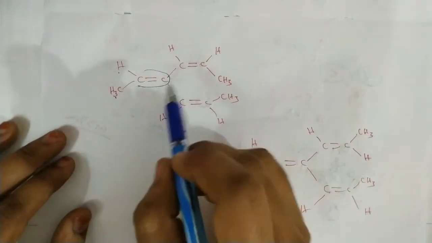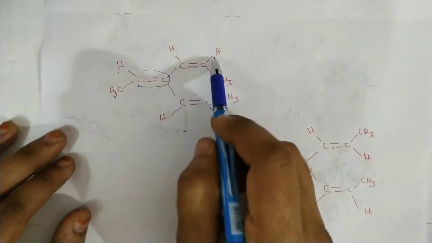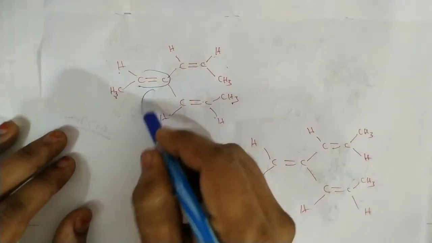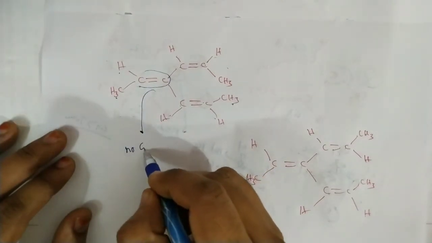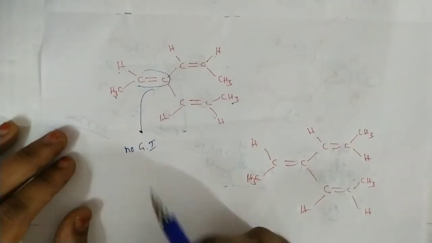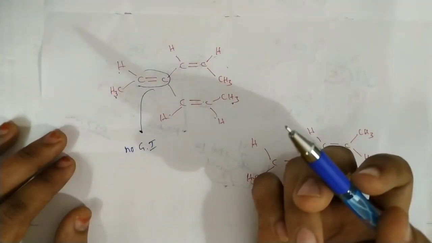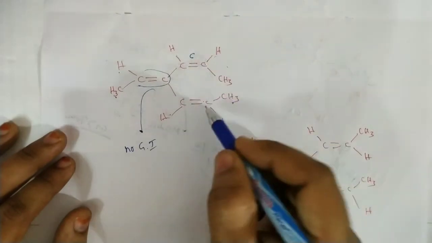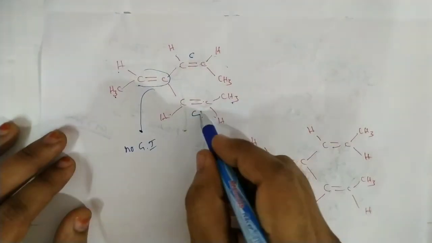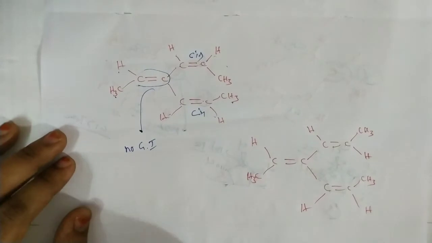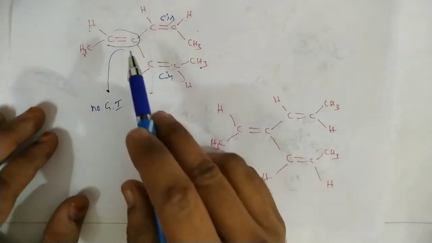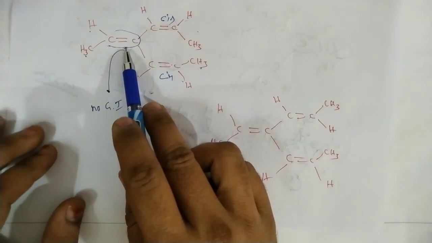Now, CH3 and CH are structurally the same, so about this one there is no geometrical isomerism. About this C double bond C there is no geometrical isomerism because these two are structurally the same, and this is a cis configuration and this is a cis configuration. So in this case this double bond does not exhibit geometrical isomerism.